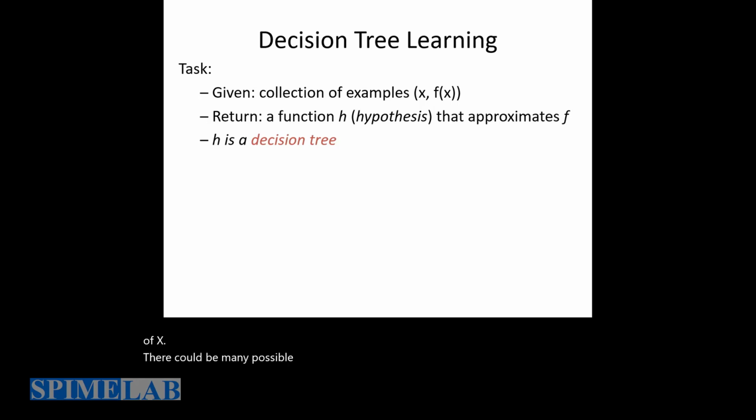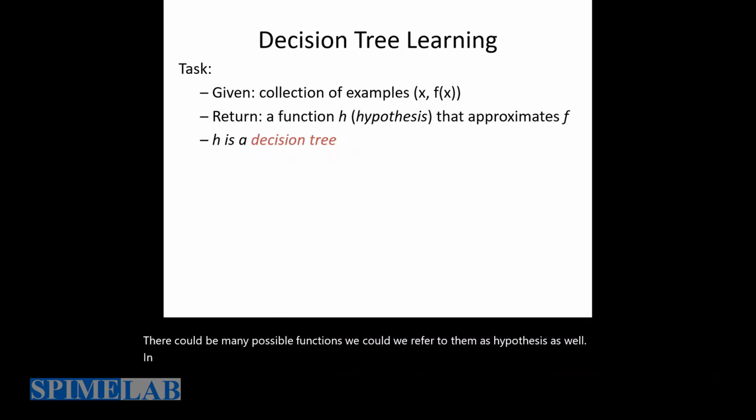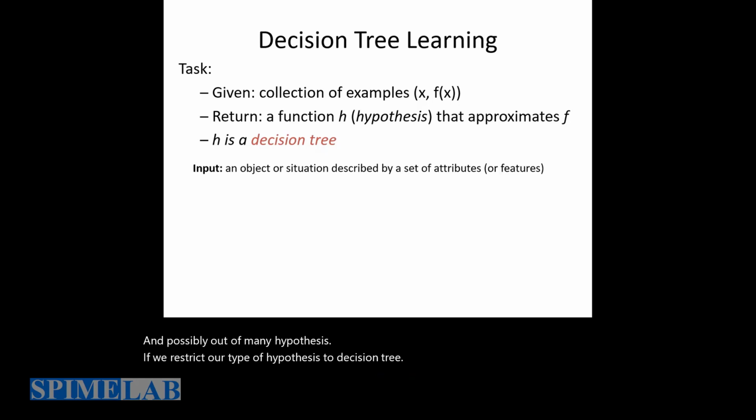We refer to them as hypotheses as well. And out of many hypotheses, if we restrict our type of hypothesis to decision trees, we are going to find the best decision tree that can provide this function hypothesis.